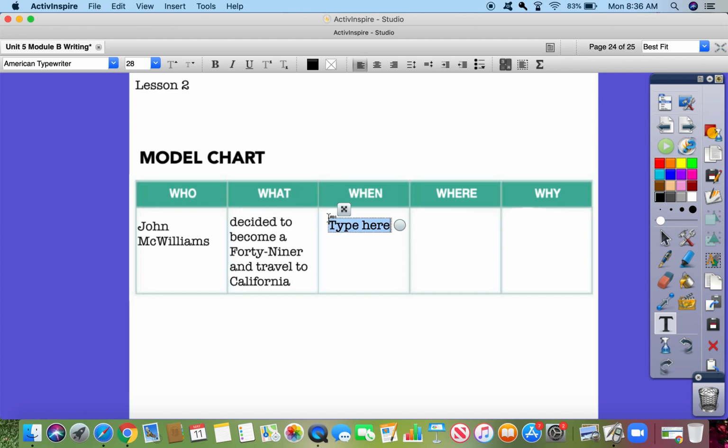Now, when was this? The year, looking at the text, is 1849. The where, I have to look at where he left. So he left Griggsville, Illinois, to go to California.